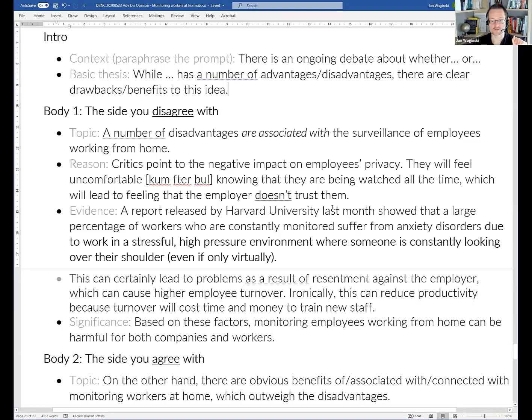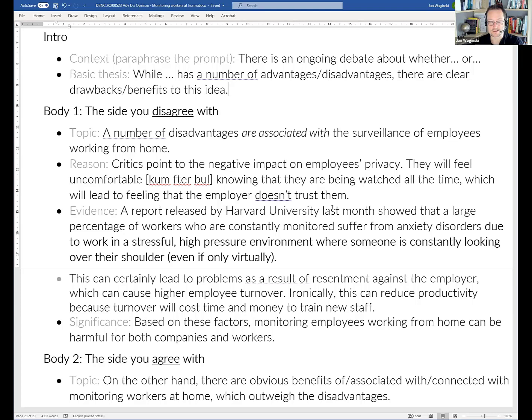Same issue. Comfortable. Perfect. Uncomfortable. One more time. Comfortable. Uncomfortable. That's right, like you're biting your lower lip to make the sound. Good.